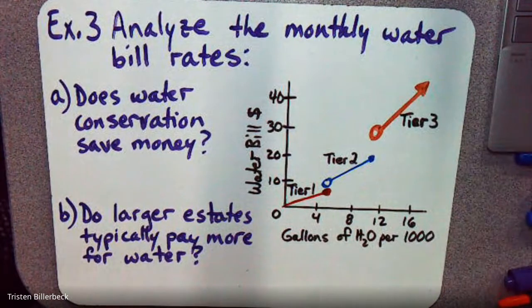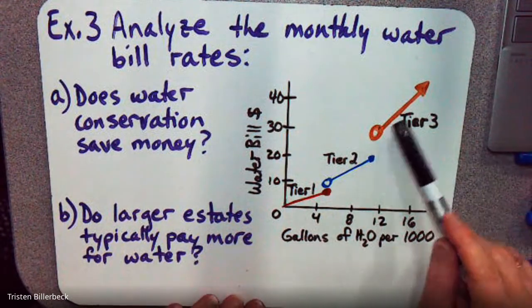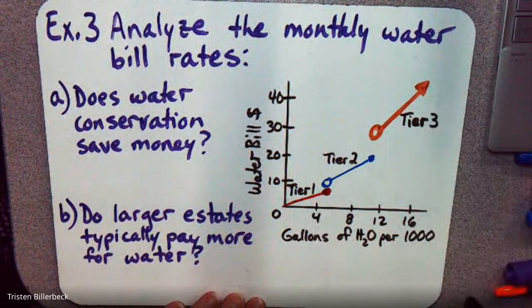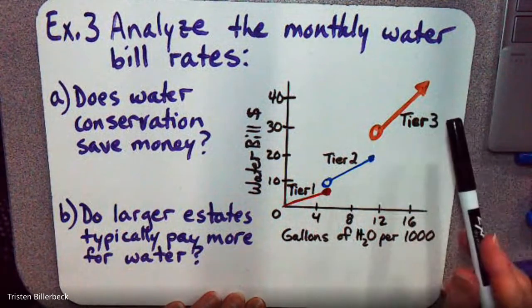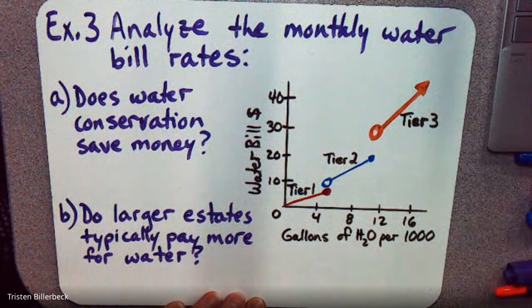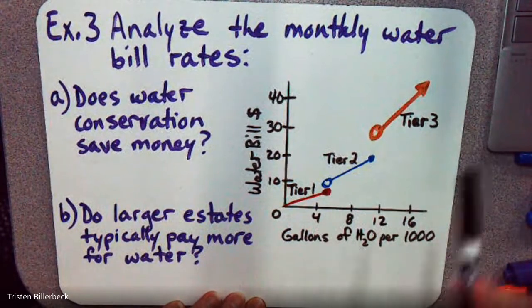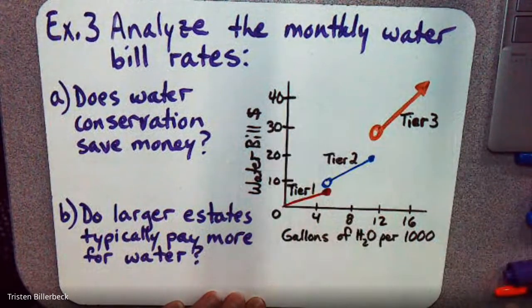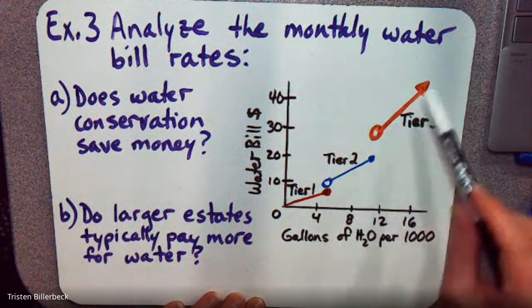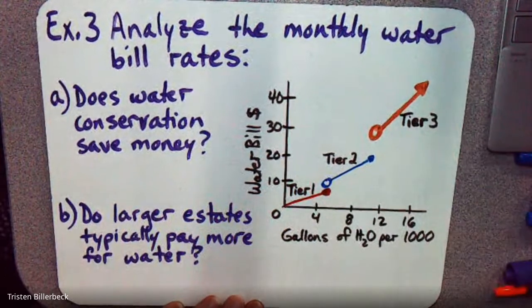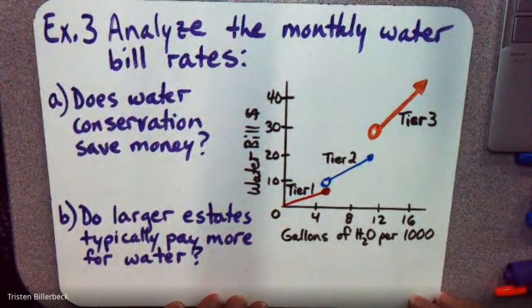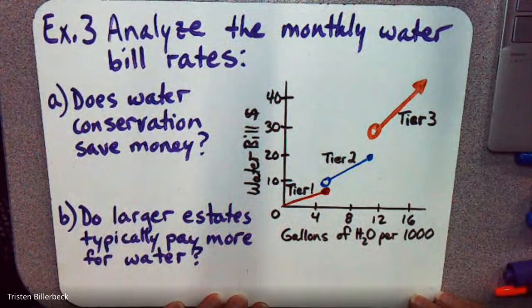And if you haven't changed your zoning to orchards, you're going to pay a lot of money for that water bill to water all your landscaping or your pool or something. So they're going to charge you a great deal of money every month for that excessive water use. So this is an idea of how piecewise defined functions are used in our real life.